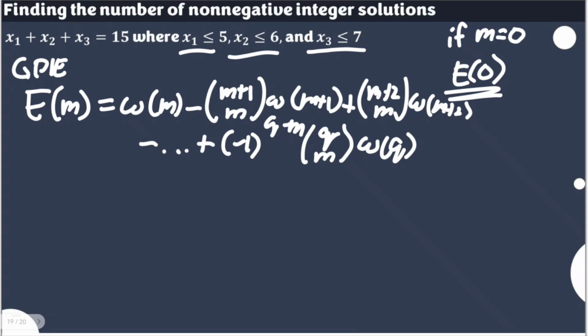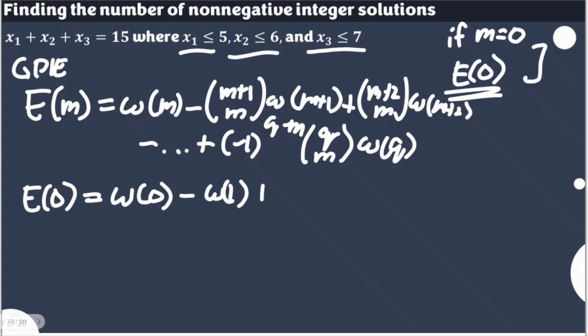However, if m is equal to 0, this entails a shorter formula. Our E of 0 is just equal to omega of 0 minus omega of 1 plus omega of 2 minus omega of 3, and so on and so forth.